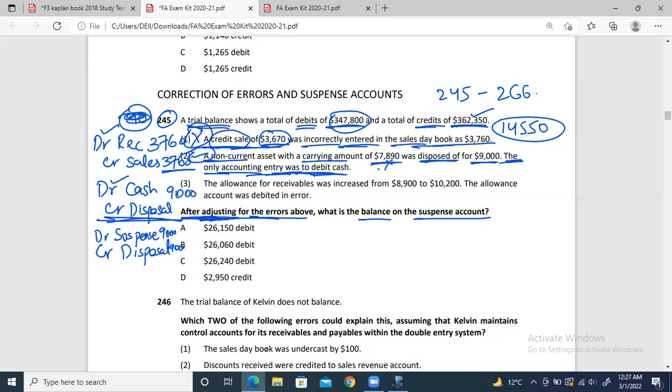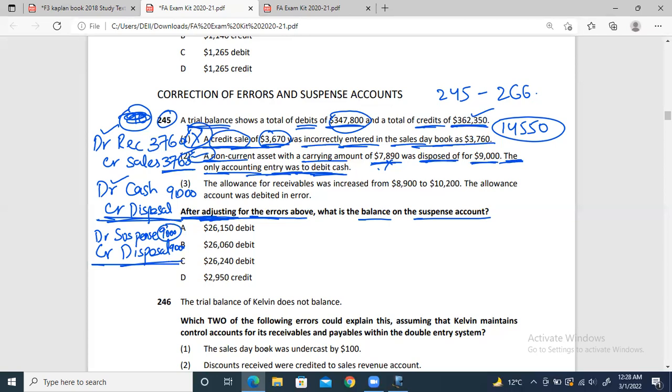So we credit disposal by 9,000, and because there is nothing on debit, there is no sense in doing debit cash again. So we'll debit suspense. We just put this remaining entry in suspense, so that after we get sufficient evidence, we can clear this suspense. But right now there is nothing showing us that we have got sufficient evidence.